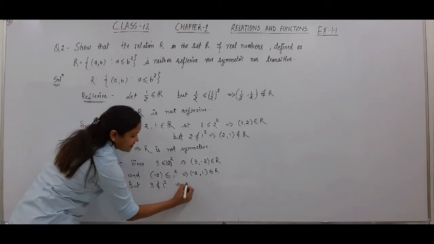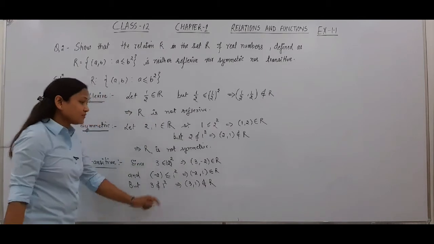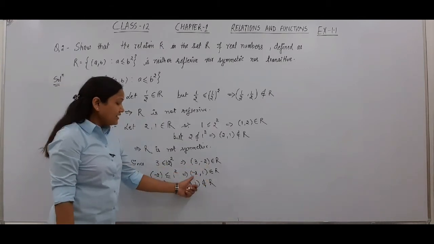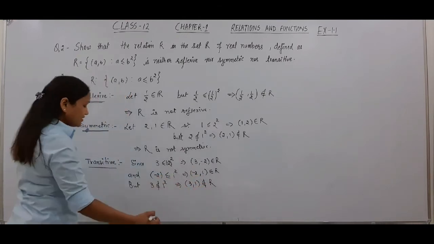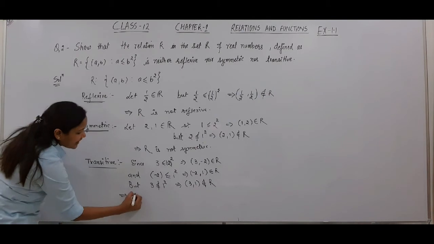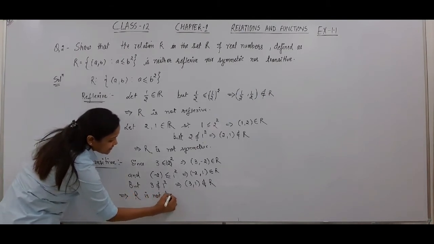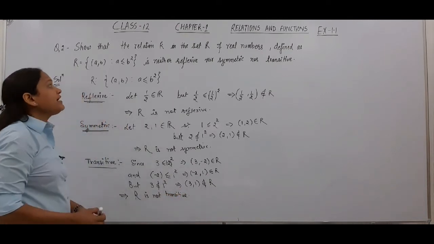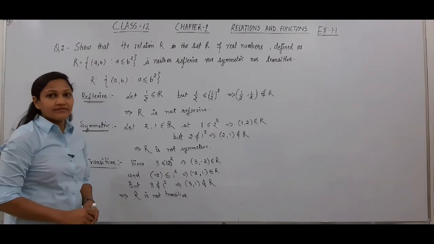That implies (3, 1) does not belong to this relation. So we have created an example where a is related to b and b in turn related to c, but a is not related to c. So this is enough to show that your R is not transitive. So your relation is neither reflexive nor symmetric nor transitive.